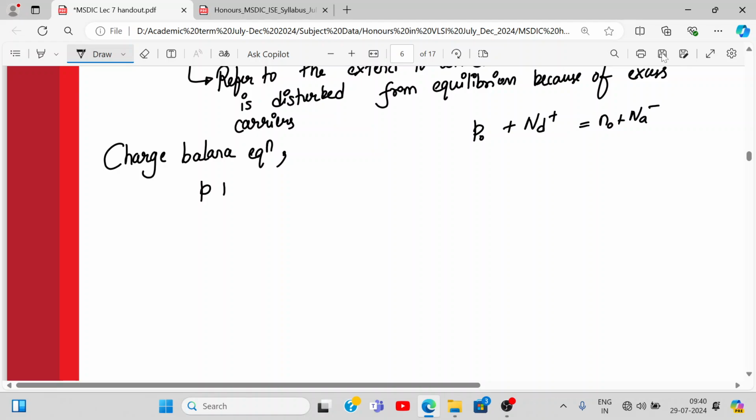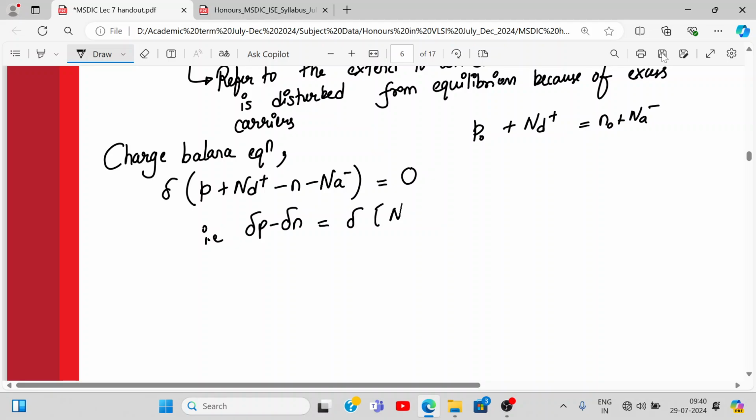I'm writing P plus Nd plus minus N minus Na minus. I can take this on the left hand side, easily. And this I am multiplying with delta. Delta means small deviation from. So here I can say delta P minus delta N is equal to delta Na minus minus Nd plus.